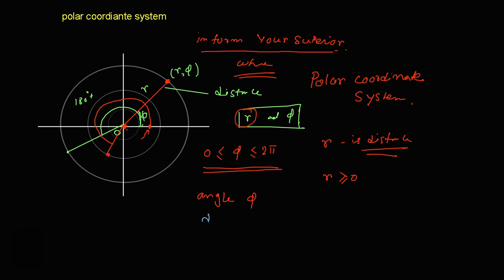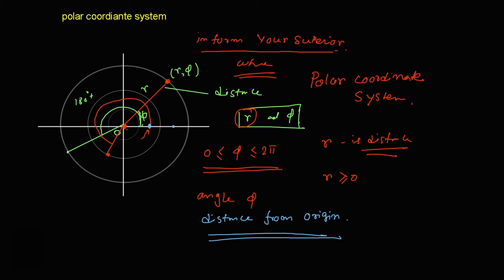And the distance from origin. So you have to remember that the angle should be measured from this point. Okay, you can say, oh, why not this point? It's okay. You can think about this point or this point. But the main idea is this line.